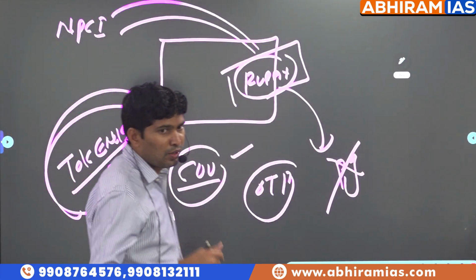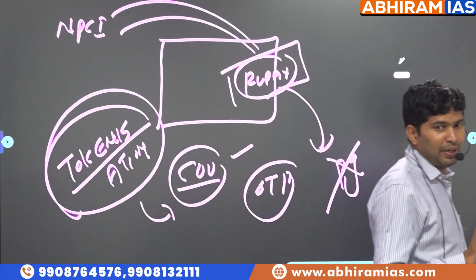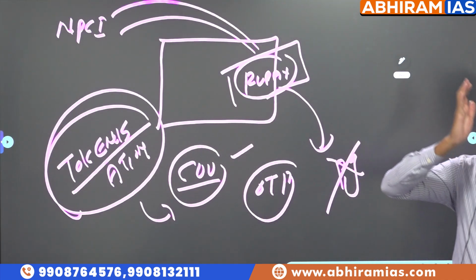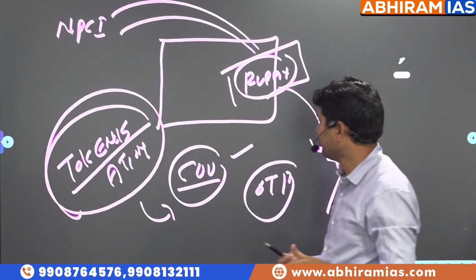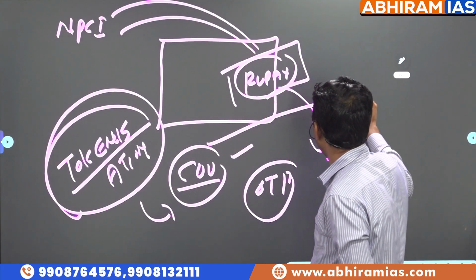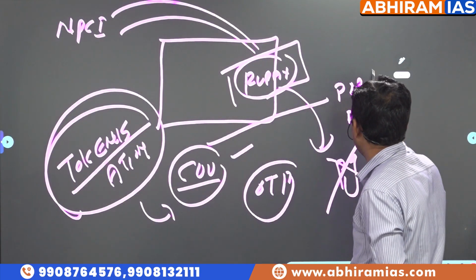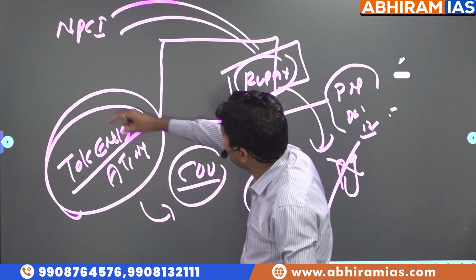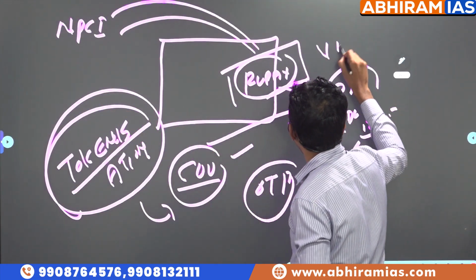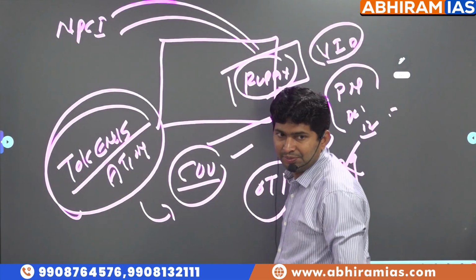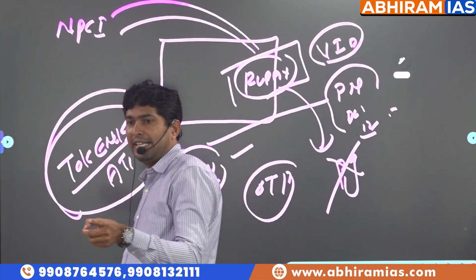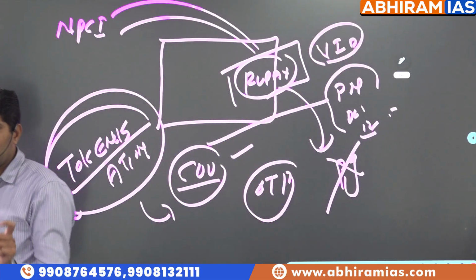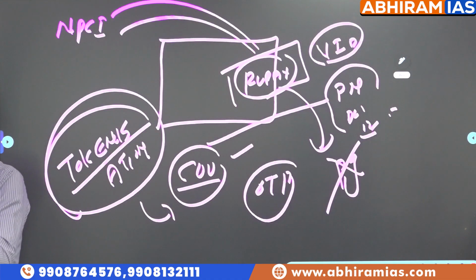If you opt for tokenization, what would happen? For that Amazon, for that Uber, for that Rapido, your personal name, date of birth and card details will not be disclosed. Only a tokenized virtual ID will be disclosed. Meaning your personal details will not be disclosed whenever you buy and sell if you opt for tokenization.